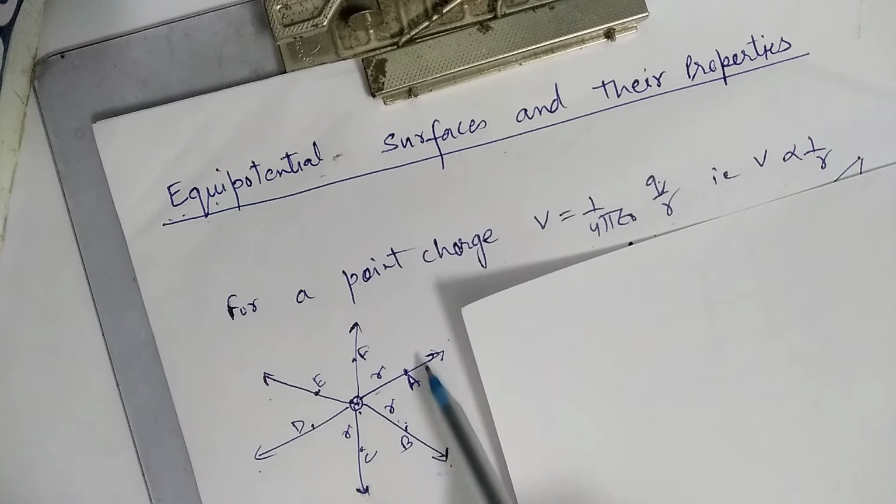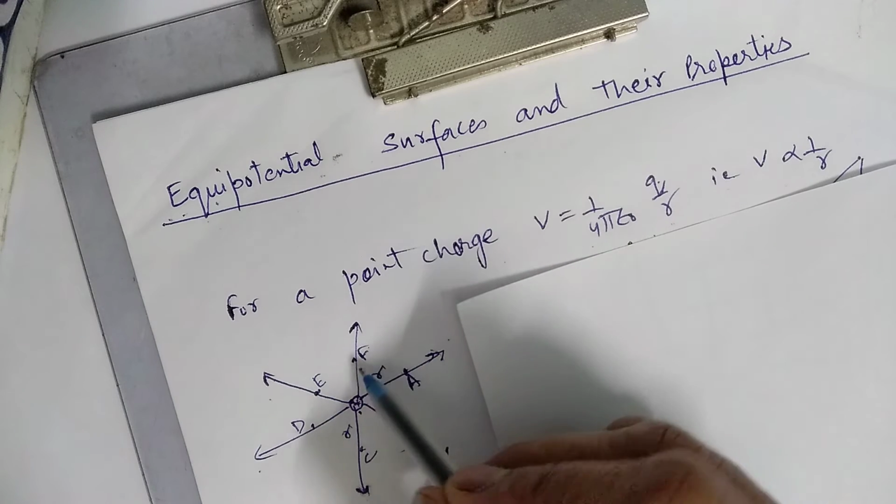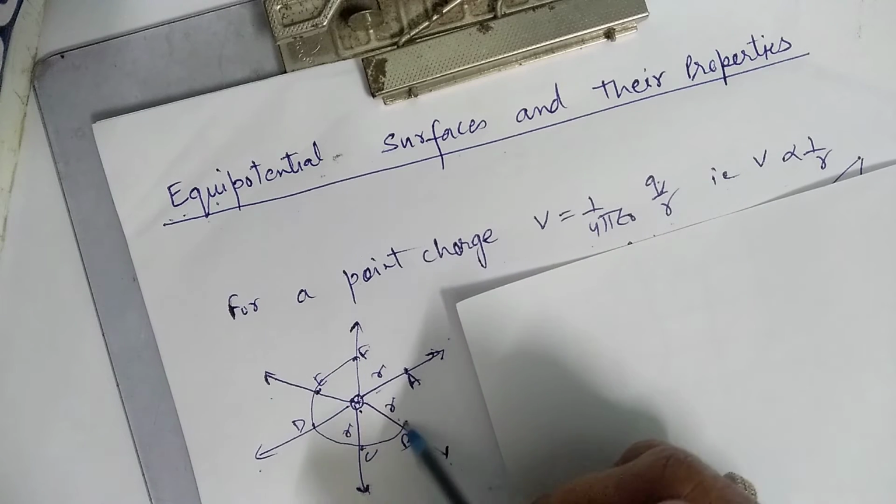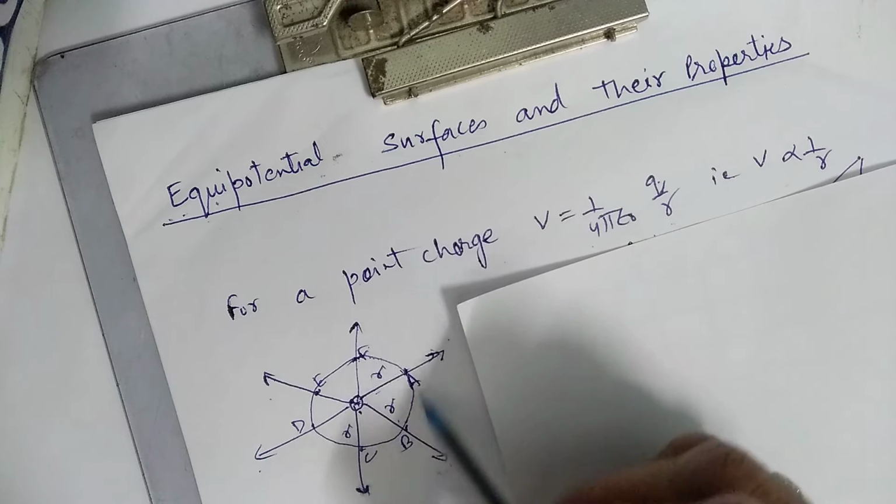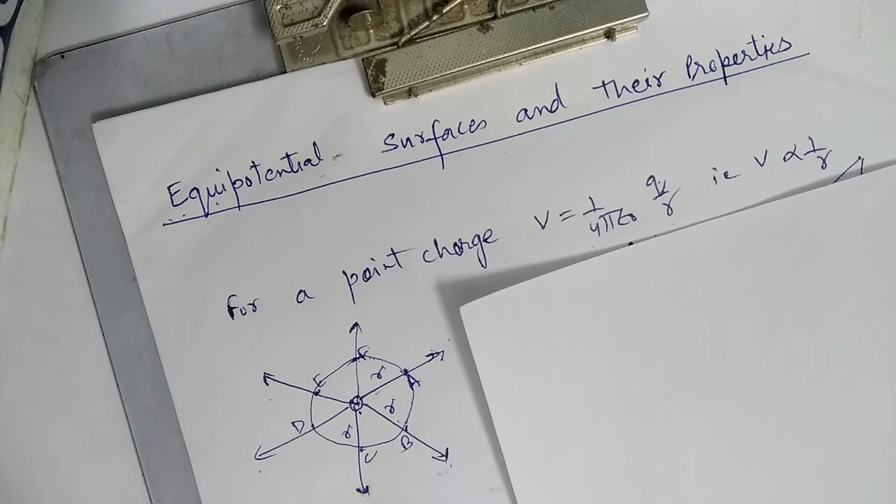So these points will have the same potential. Now if we join all these points, then we obtain a spherical surface.